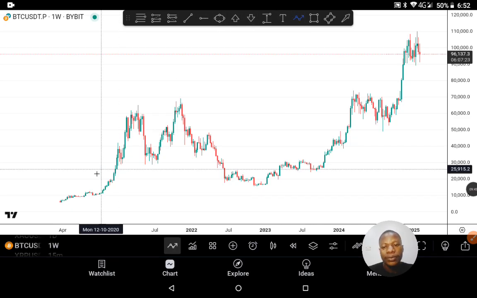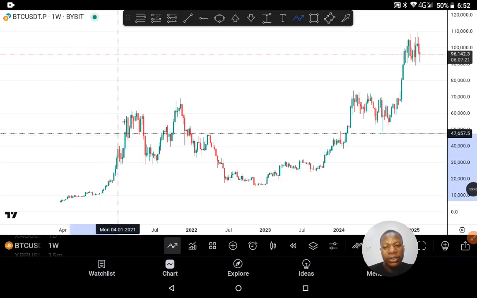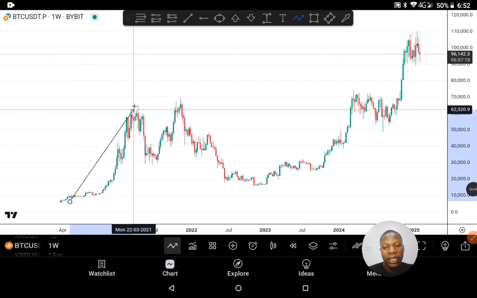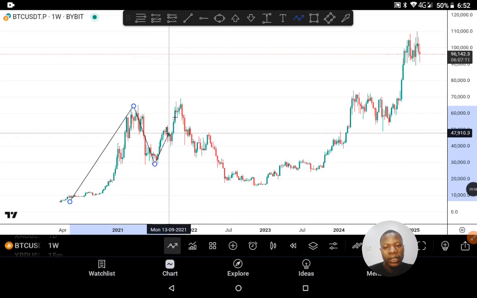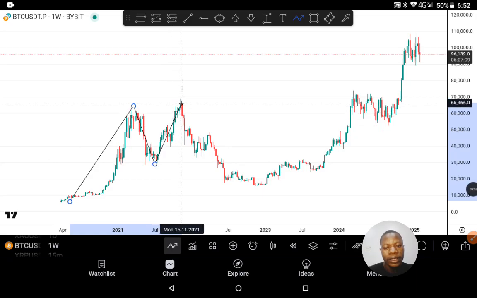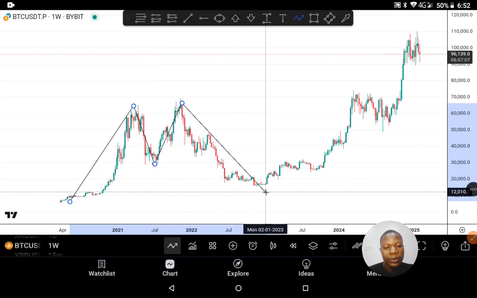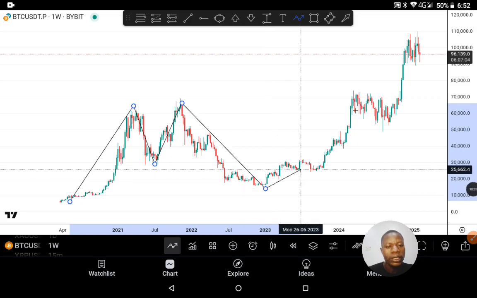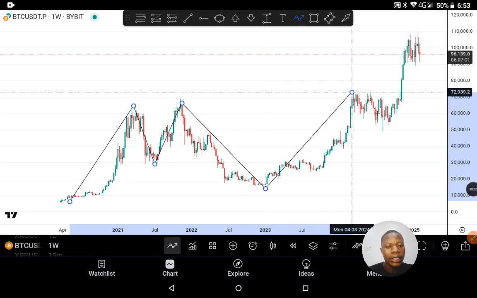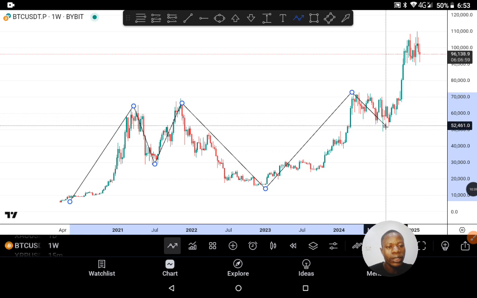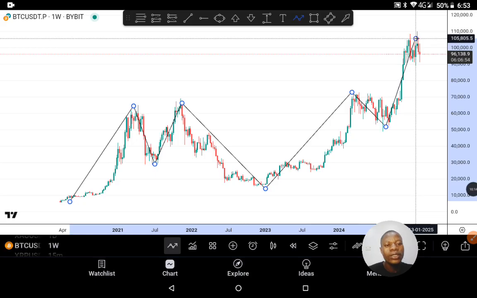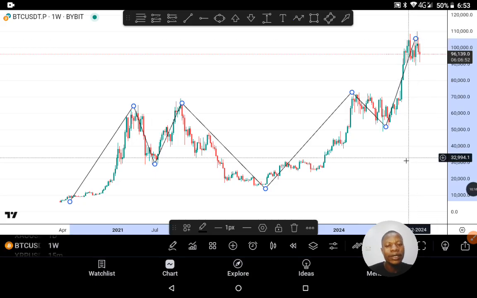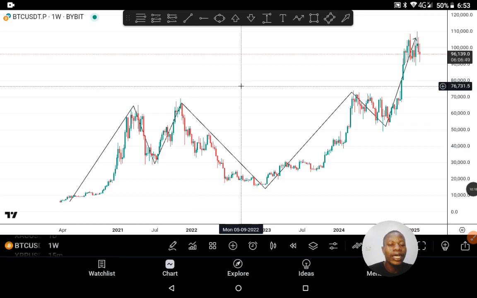As you can see, from this point to this point, this is a high, this is a low, this is another high. This is a low, another low. This is another high. This is another low, and this is another high. So on the weekly time frame, this is exactly the market structure I can spot.